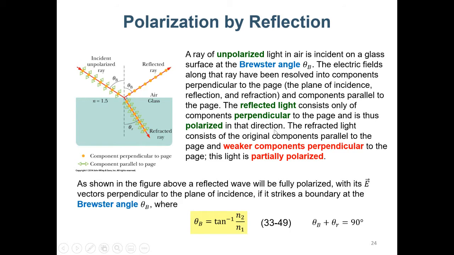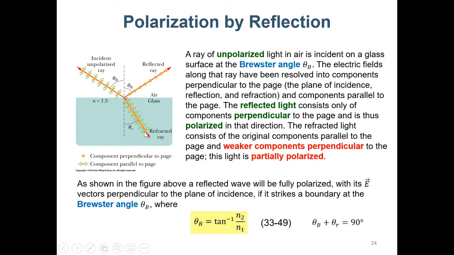The reflected light consists only of the component perpendicular to the page and is thus polarized in that direction. The refracted light consists of the original component parallel to the page and a weaker component perpendicular to the page, so the light is partially polarized.